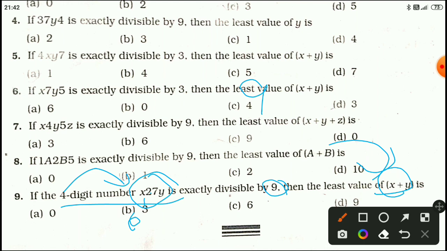Just change its structure, as you learned in grammar, but this is not grammar. So 7 plus 2 is 9, and the upcoming value is 18, which is divisible by 9. So what will you add? You will add 9. So 9 is the correct answer. By this we have solved exercise 5B. Bye bye.